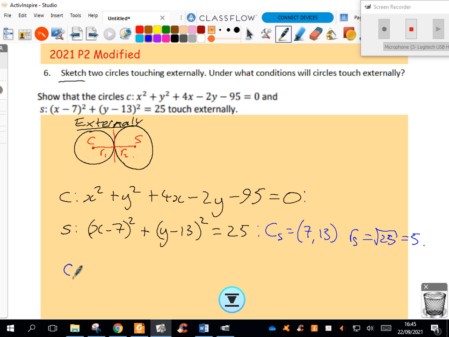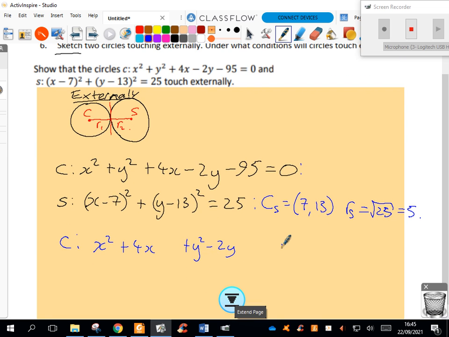We'll take circle C, and I'm going to rewrite that in center radius form. So grouping my x terms together, x squared plus 4x, leaving a gap to complete the square. My y squared minus 2y, leaving a gap to complete the square. I'm going to shift my negative 95 over to the right, and I'm going to complete the square.